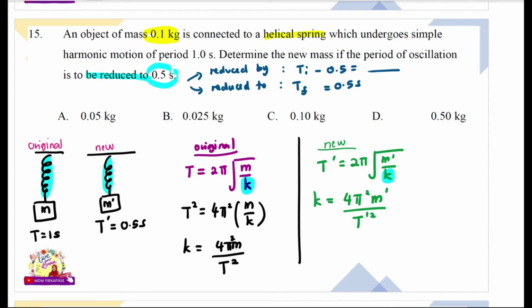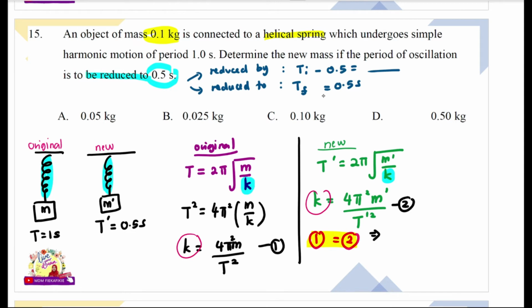Okay, so now we want to calculate the new mass M prime. Okay, so saya ada equation number 1 and this is my second equation. So apa yang saya buat sekarang? Saya akan samakan. Ini kan K sama. So kita akan tulis equation number 1 is equal to equation number 2.